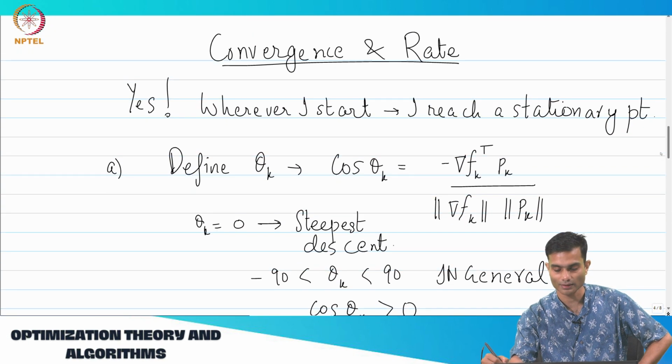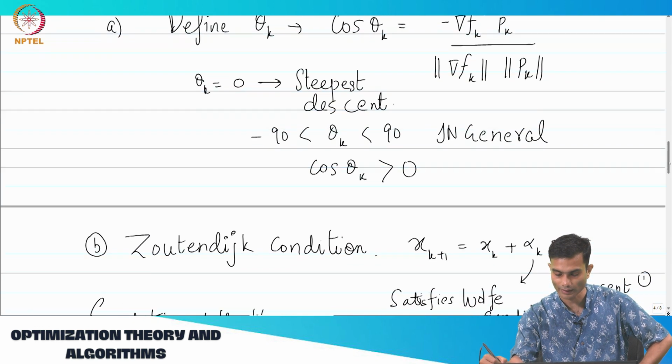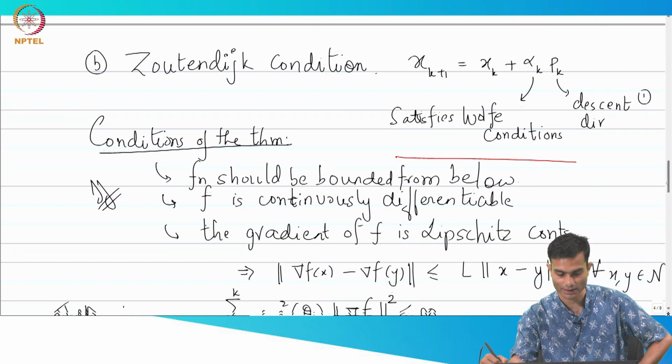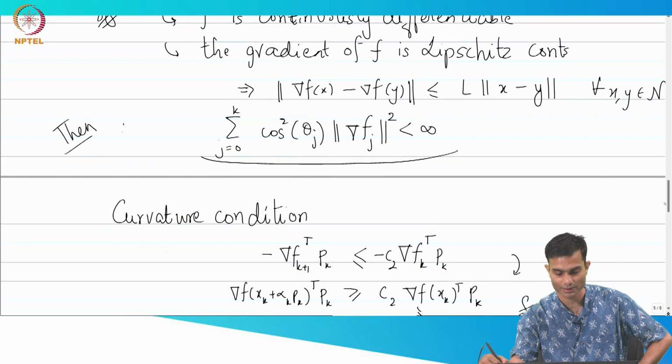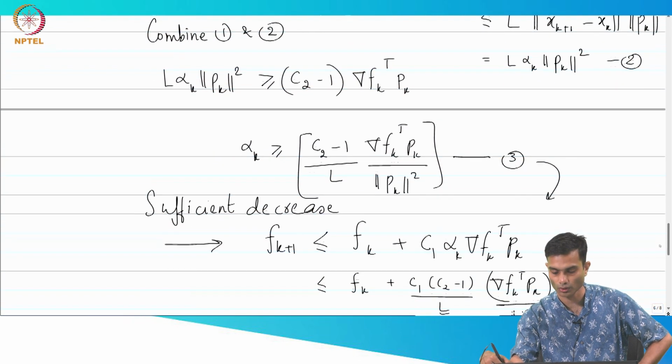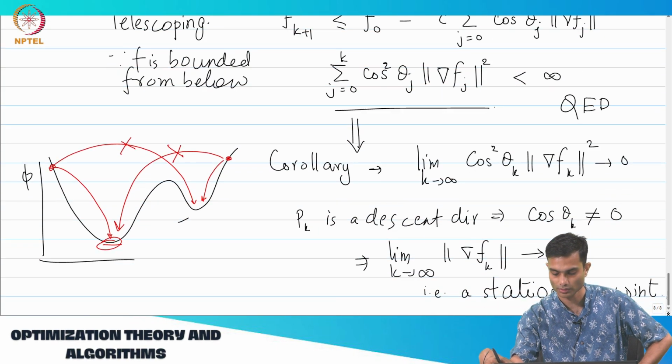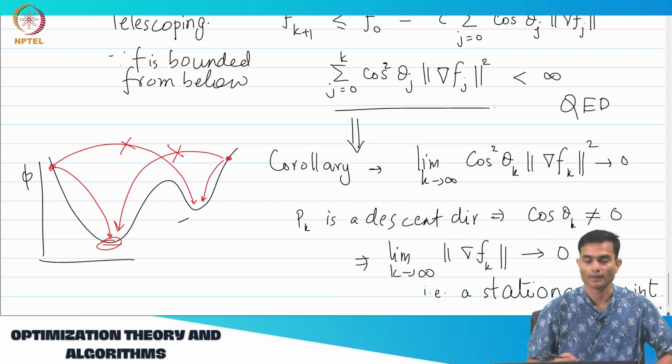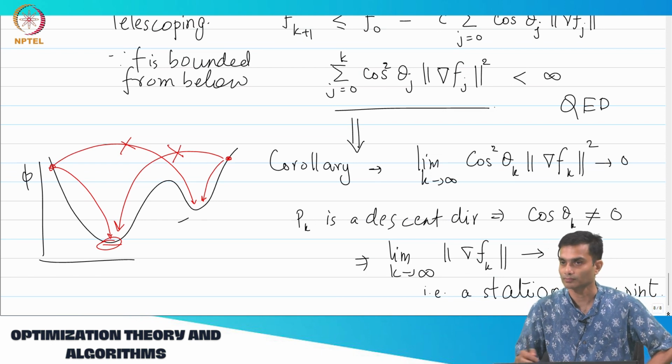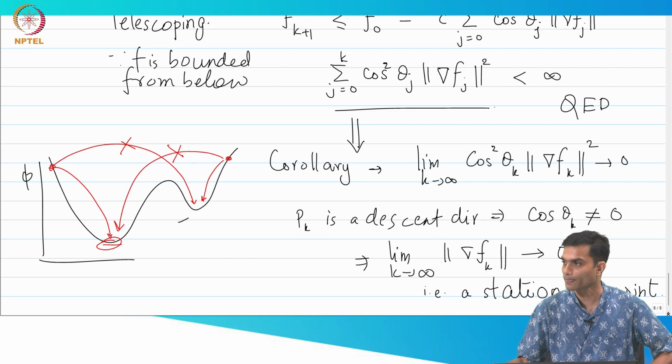Then we said, let's find out whether this method converges, and we proved this under the Zoutendijk condition, which used all of the ingredients of the theorem to land us at norm of the gradient tends to 0, which is what we wanted to prove.